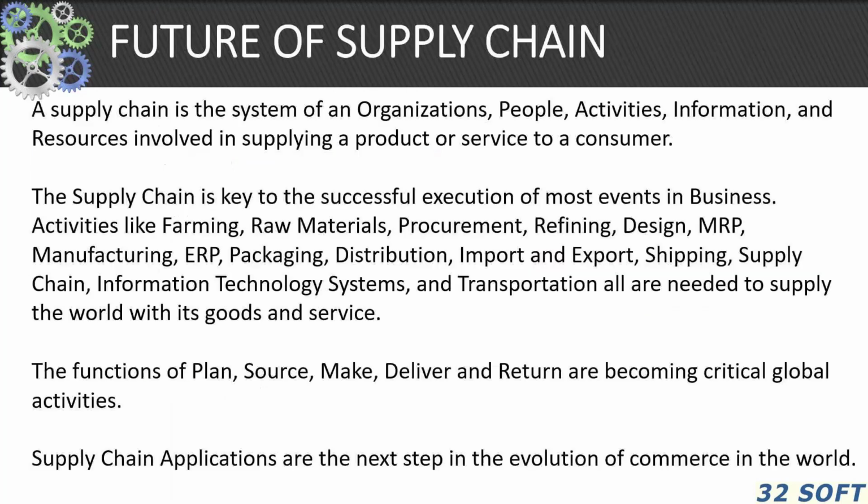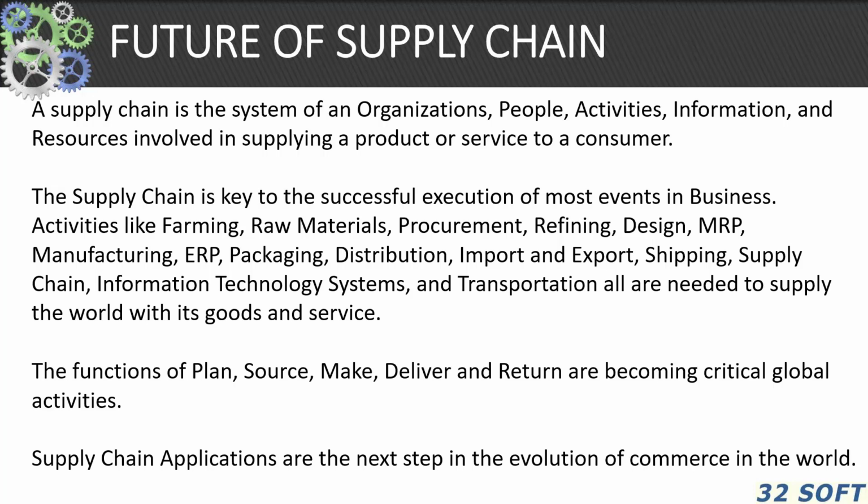The supply chain is the system of an organization's people, activities, information, and resources involved in supplying a product or service to a customer. The supply chain is key to the successful execution of most events in business.